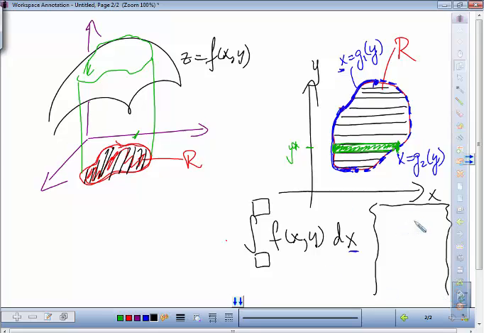So what we're saying is that if we're going to integrate with respect to x first, your x value is going to go, for some arbitrary, fixed y value, from a lower limit of g sub 1, and it's going to go to an upper limit of g sub 2.